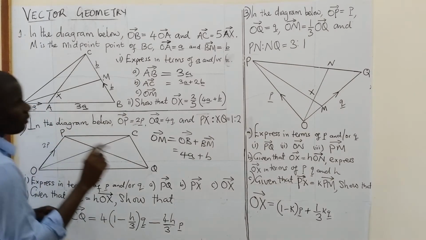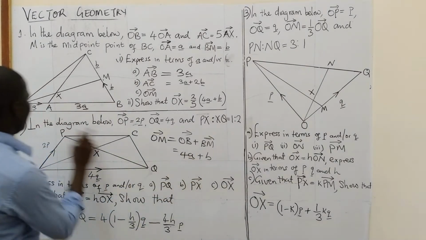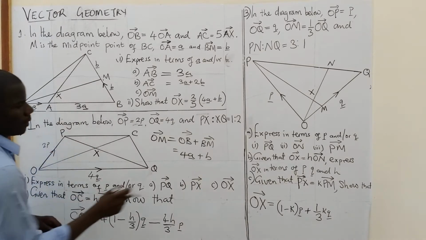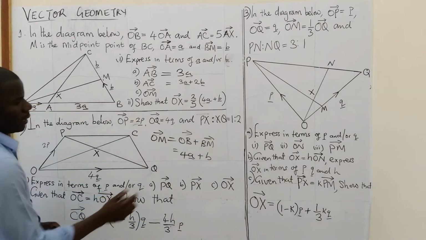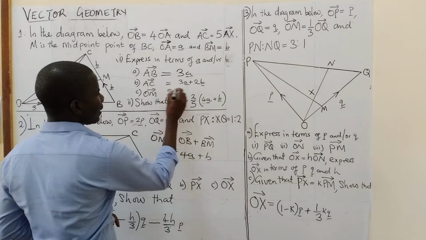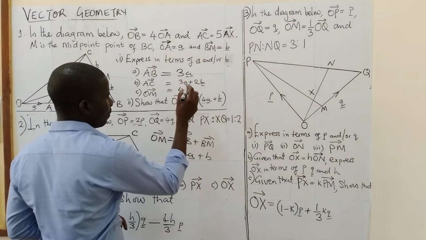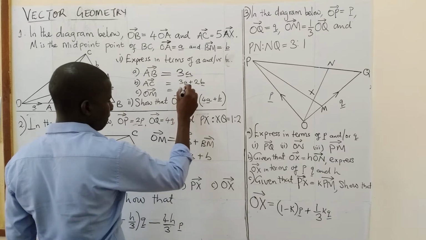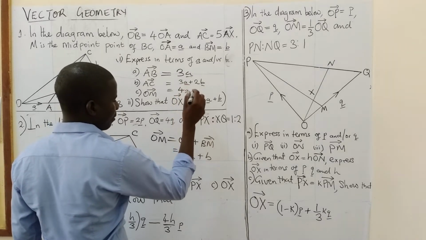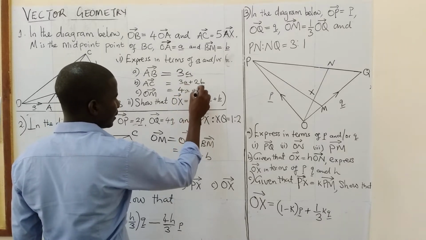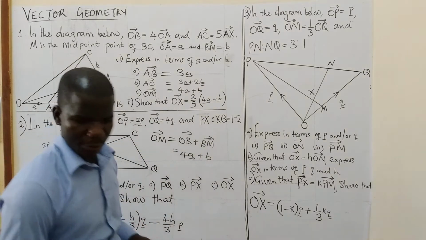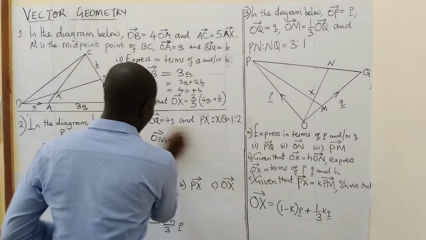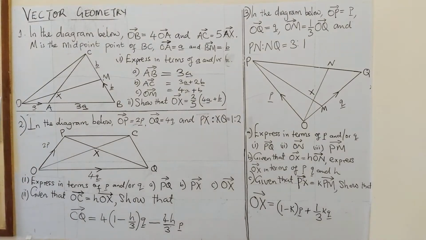So when you multiply, you're going to get 4a. Then BM is b. So what we are getting here is 4a plus b.